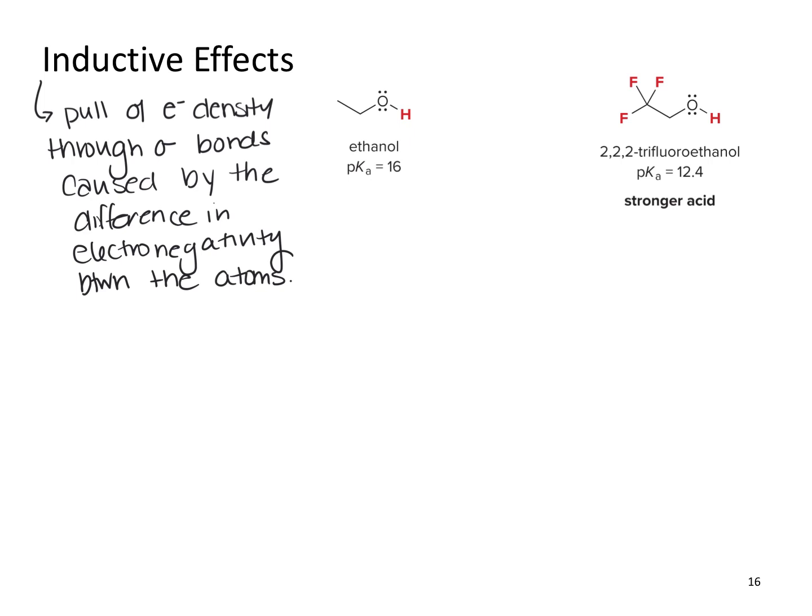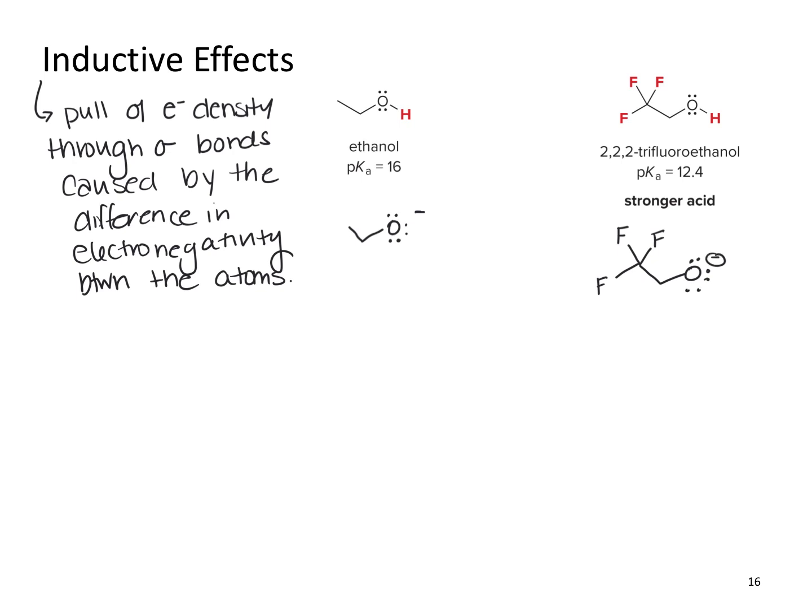So let's look at an example here. We have ethanol and we have 2,2,2-trifluoroethanol, okay? This is the stronger acid. Now, both of these have an oxygen atom. The acidic hydrogen here is shown in red. And so when we draw the conjugate base, we'd remove that proton. And so that would give us this guy here.